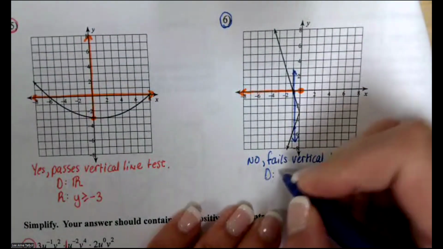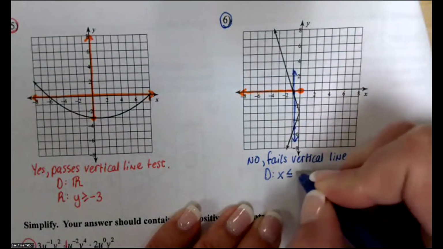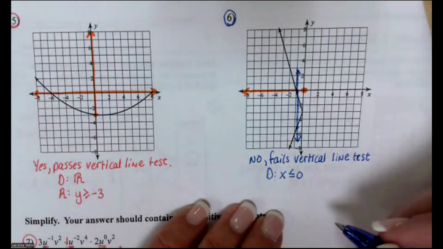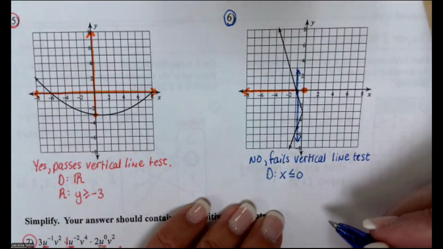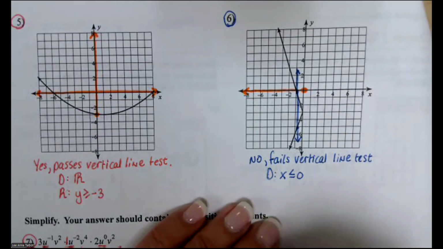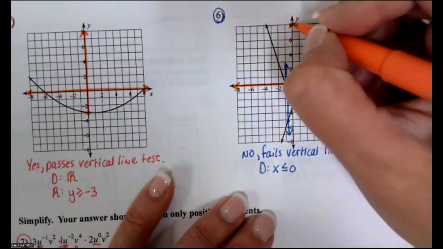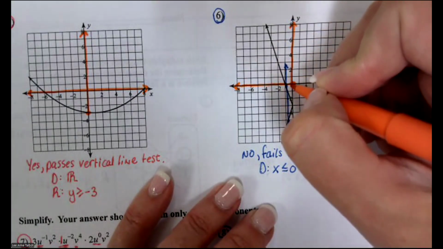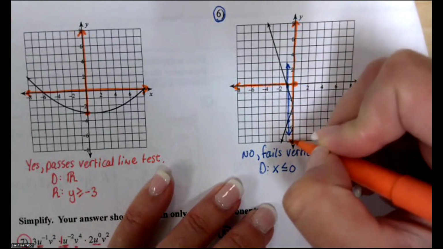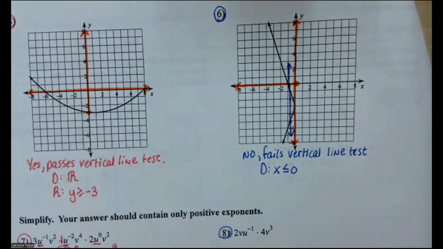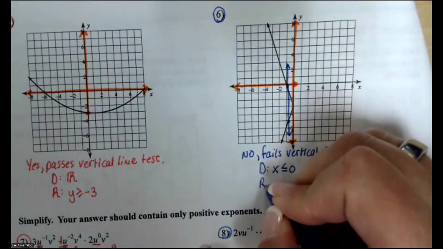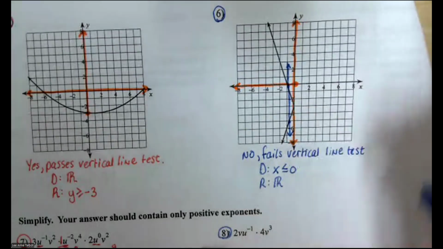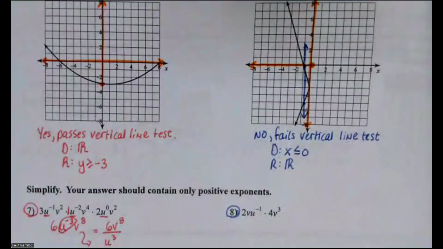So the domain is x is less than or equal to 0. And then the range goes up forever, all the way through here and down forever. All real numbers.